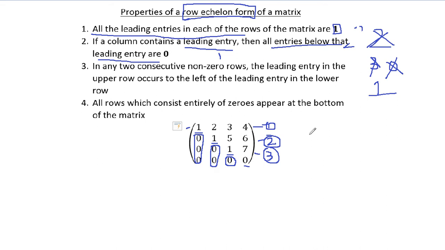So as you can see, if this is the form of a row echelon form, you get 1 1 1, then 0 0 0 0 0 0, and this can be any form of integer here.